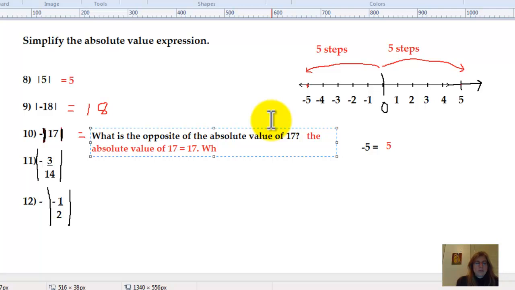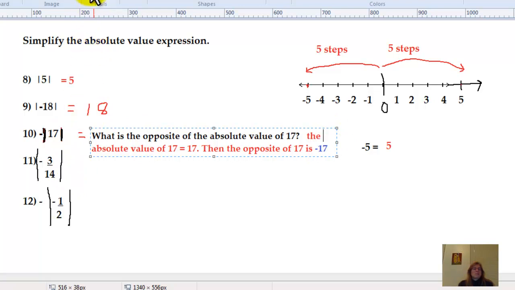So the opposite of 17 is -17. So our answer ultimately to number 10 is -17. And that would be this number here. Let's put it in blue. That's ultimately the answer to number 10.